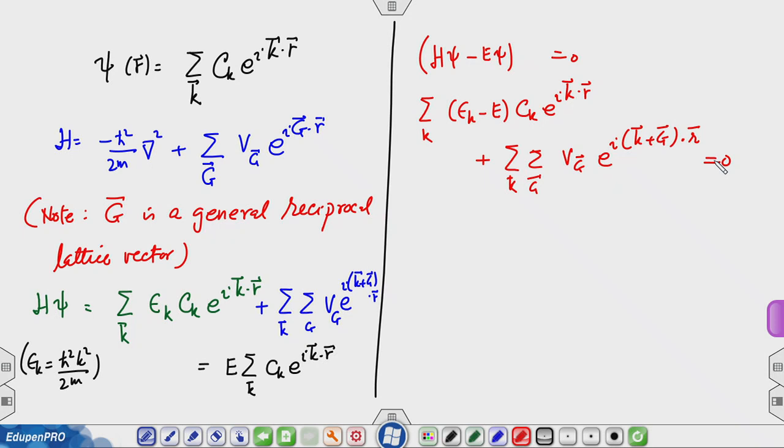That is the equation. Now, I will multiply again by e raised to minus I k prime dot r and integrate this equation.